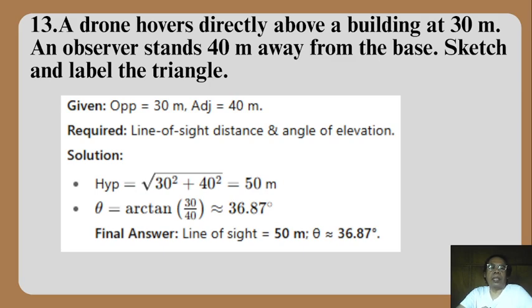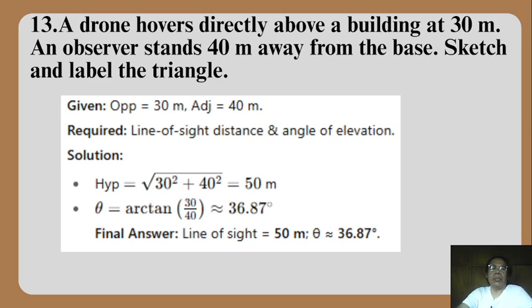An observer stands 40 meters from the base. Sketch and label the triangle. So we're given the opposite 30 meters, adjacent 40 meters. Required are the line of sight distance and the angle of elevation.